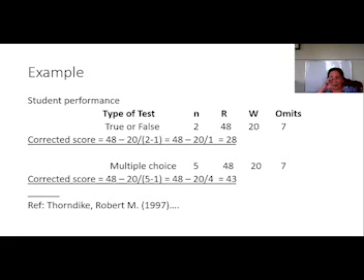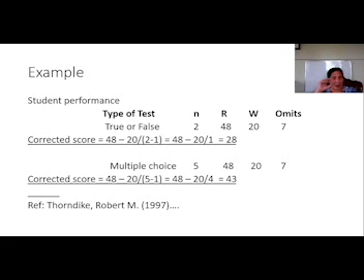Okay ba? 20 divided by 4 is 5. 48 minus 5 is 43. Therefore, correcting for guessing, your score would have been 43 only instead of 48. Do you understand?